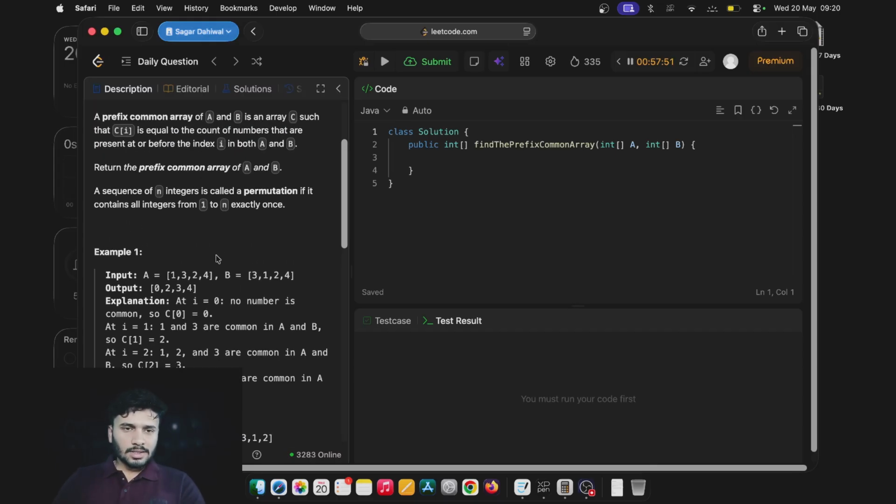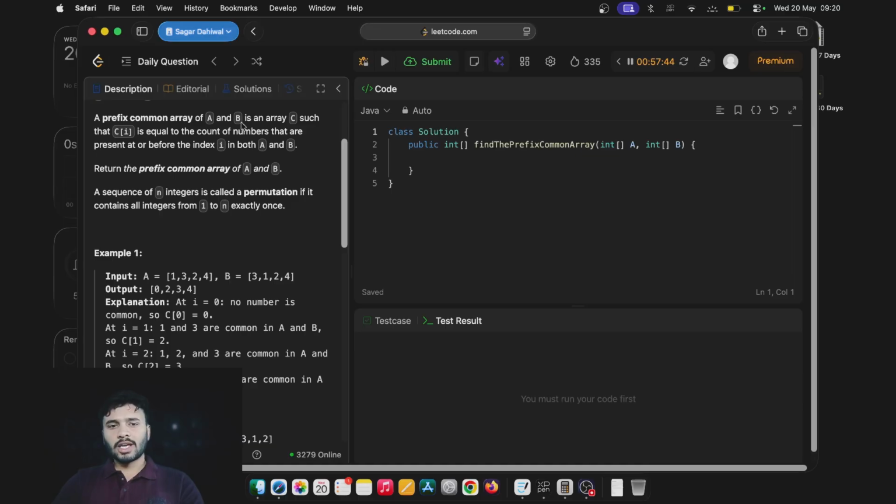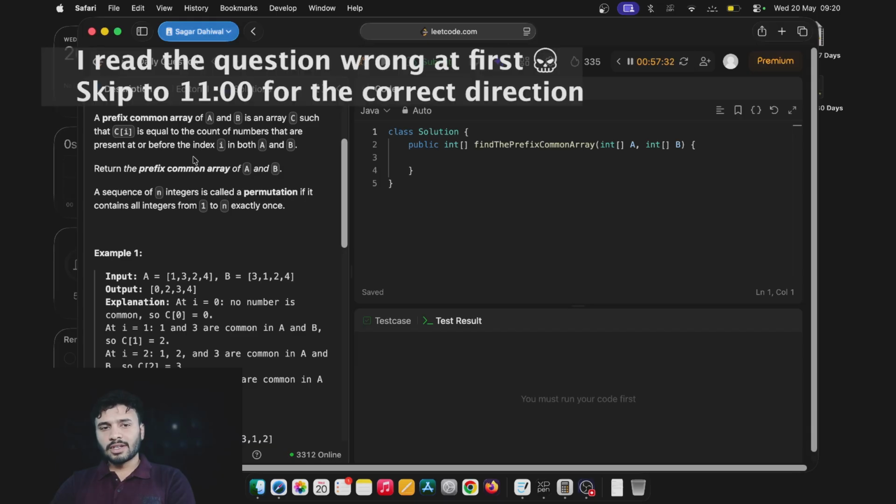Okay, at every index, if you see, the prefix common array of A and B is an array C such that C of i is equal to the count of numbers that are present before or after the index i in both A and B. So at i equal to 0, meaning the 0th index, before there is no element and after there is 3.